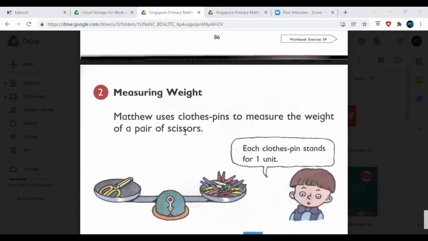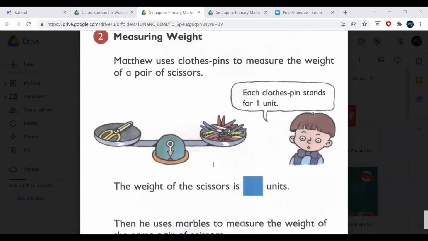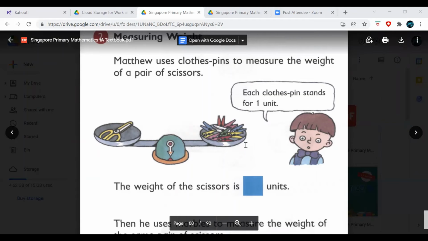Say if you want to measure your computer, then you would use this scale, put a computer on one side, then see how many pencils you would put to make the scale balance, or still or flat, or whatever you want to call it. Okay, so go ahead and try this problem.